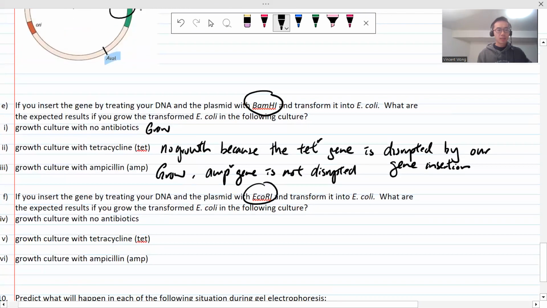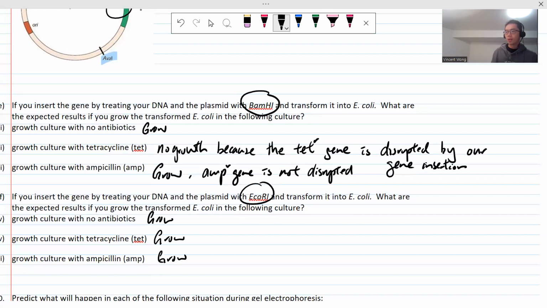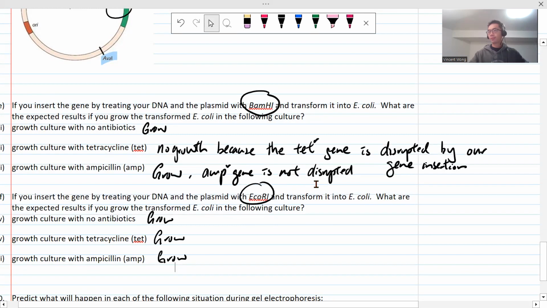So what do you expect? Will they grow with no antibiotic? Grow. Yes. Will they grow in tetracycline? Yes, because they have the resistant gene. And they will also grow with ampicillin. Okay. Grow, grow, grow. No problem. That's all. Any questions?